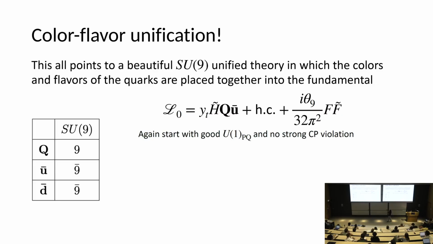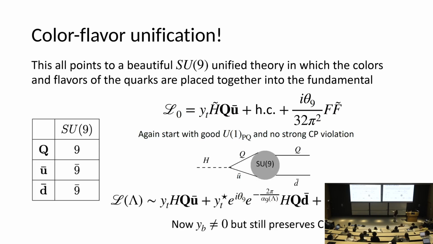But again, it works just like the massless up quark solution. There's no strong CP violation to begin with. But then instantons, which now look just like the one-generation QCD toy model before, generate for us the bottom Yukawa, the down-type Yukawas, the bottom Yukawa being the largest, but of course in a way that still preserves CP.